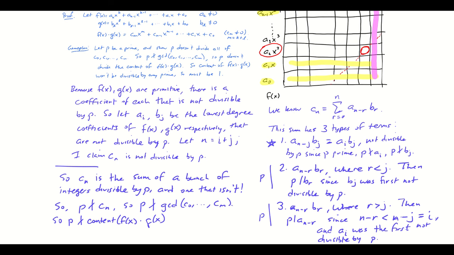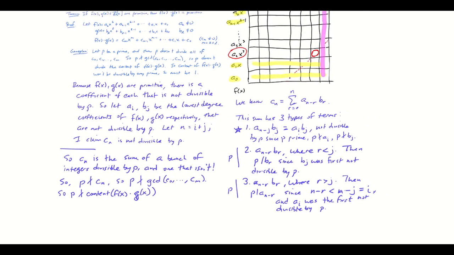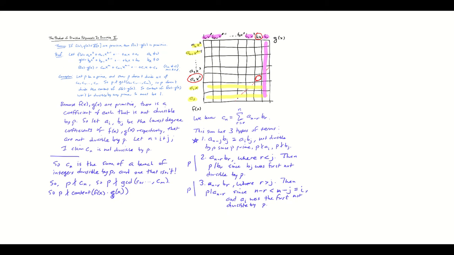And now we can sum up. So let's zoom out one last time. All right, closing argument. Therefore, the content of f of x times g of x is not divisible by any prime because p was arbitrary.